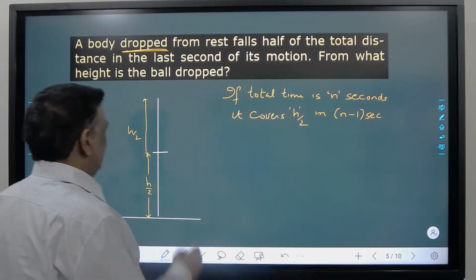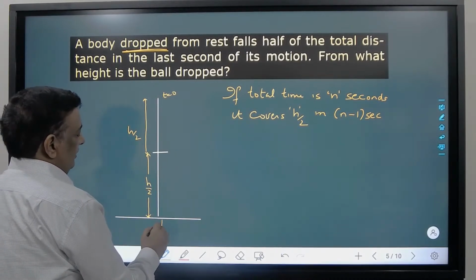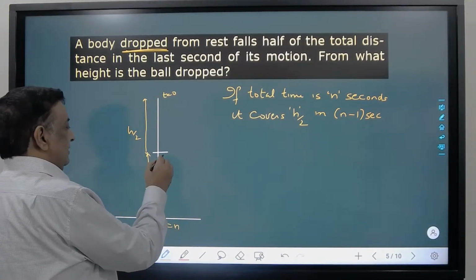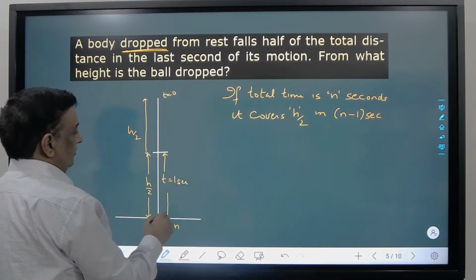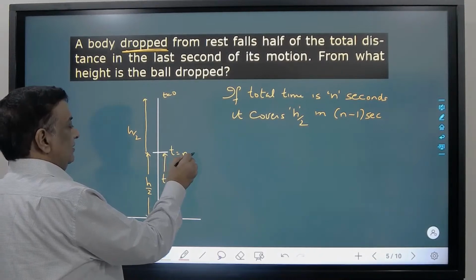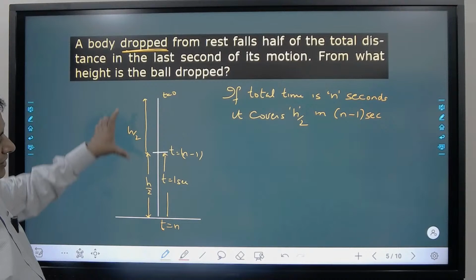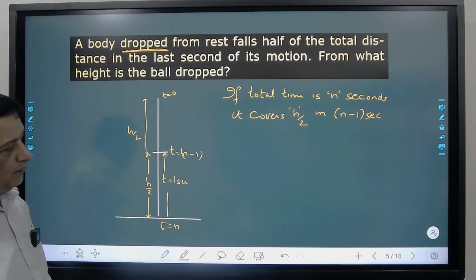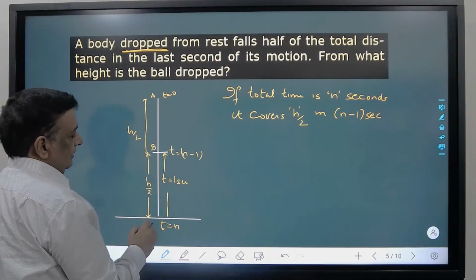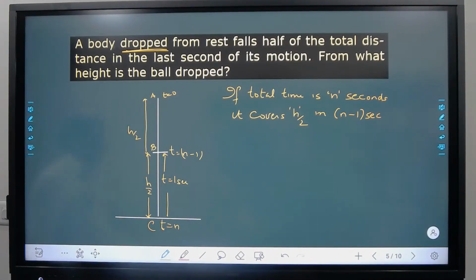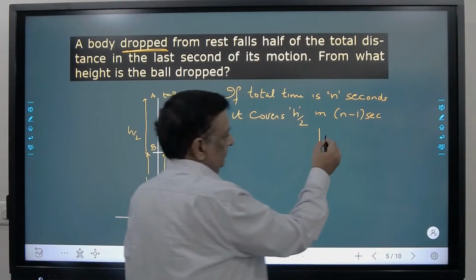Because if the total time is n, you drop from here, t is equal to 0. In n seconds it reaches the ground. This last time is 1 second. That means it reaches this point. So if in n seconds the distance traveled is h, in n minus 1 seconds it's h by 2. We take two regions, A to B and A to C. A to C time taken is n. In both cases u is 0.